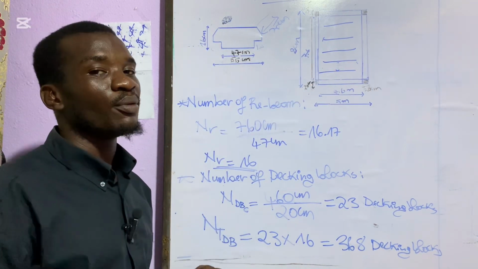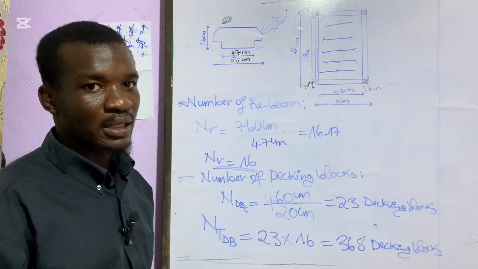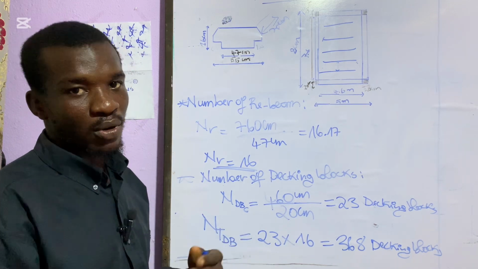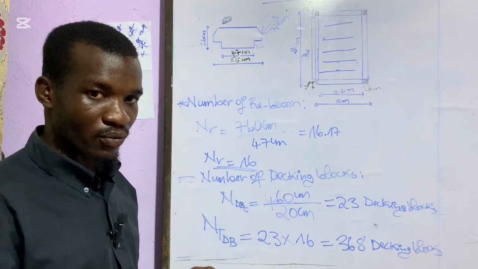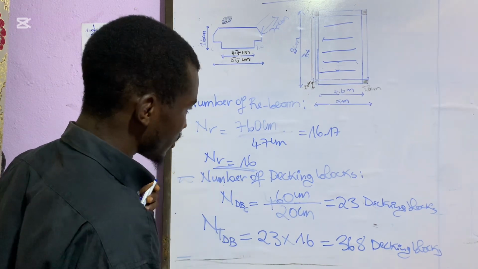But as usual, we cannot work without a waste ratio, because in the course of working some blocks might break, and we might have to break some to adjust some parts.